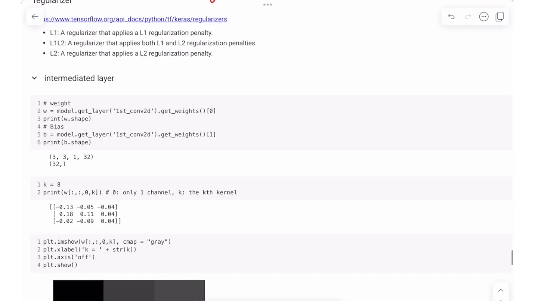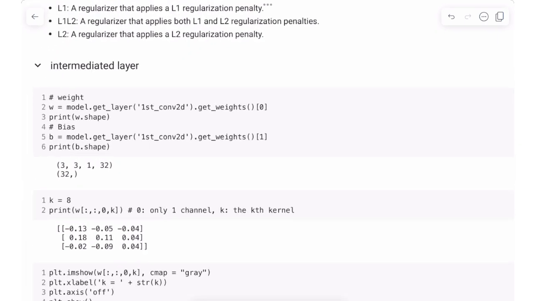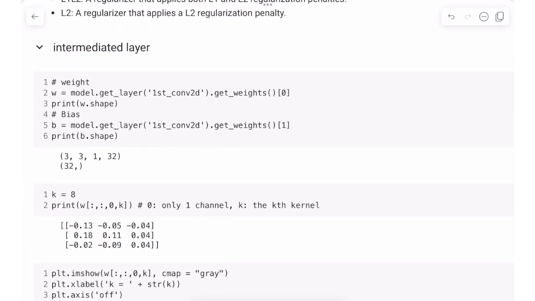The next thing I'd like to talk about is the intermediate layer. We mentioned it before. For your model, you can always get a layer by its name, and you can print the weights out.